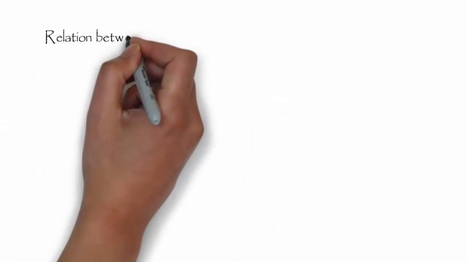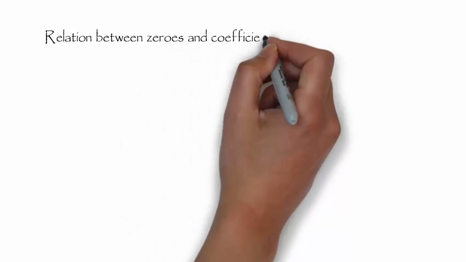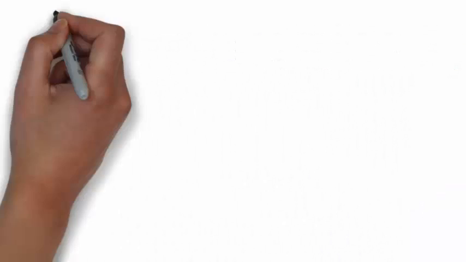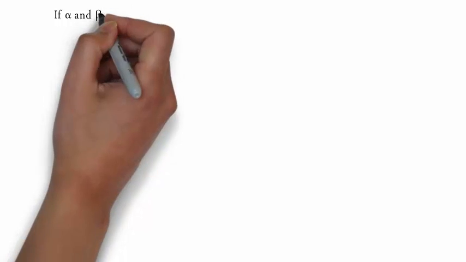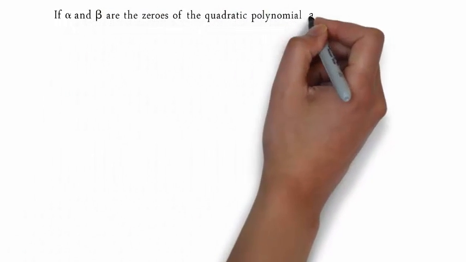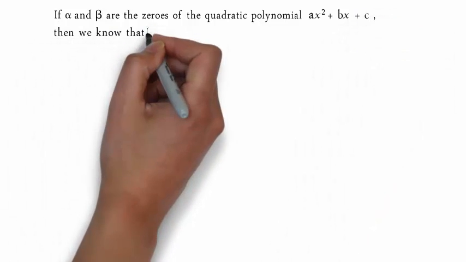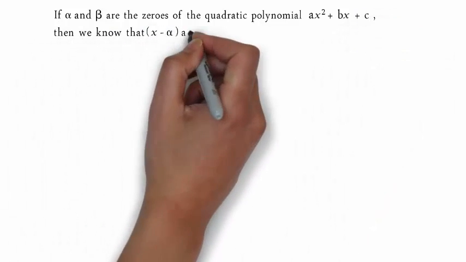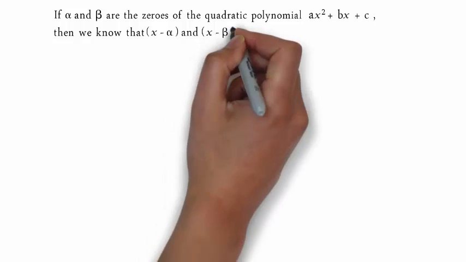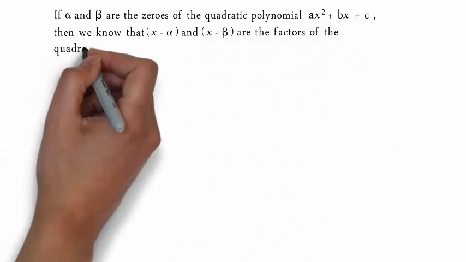Relation between zeros and coefficients of a quadratic polynomial. If alpha and beta are the zeros of the quadratic polynomial ax squared plus bx plus c, then we know that x minus alpha and x minus beta are the factors of the quadratic polynomial.